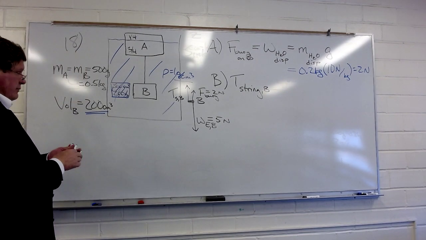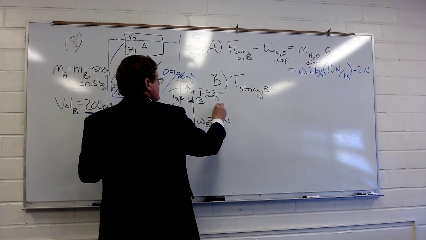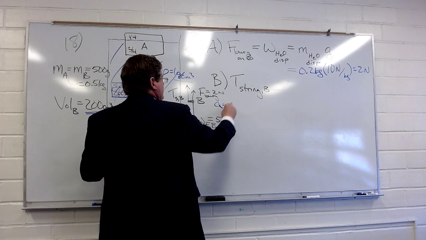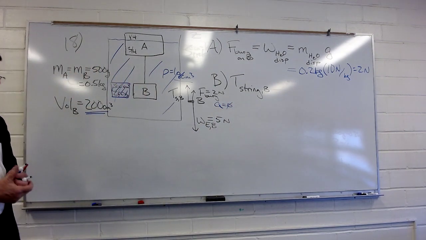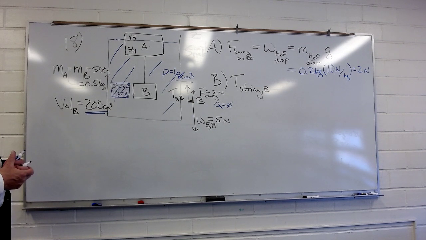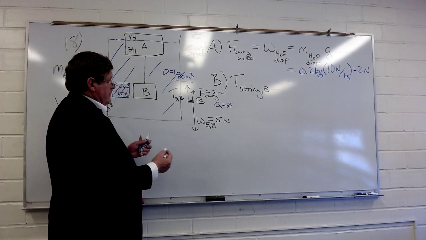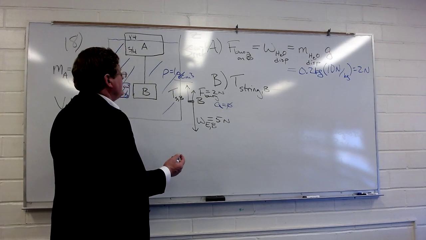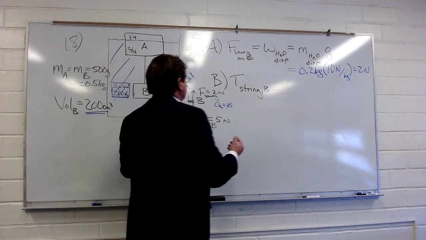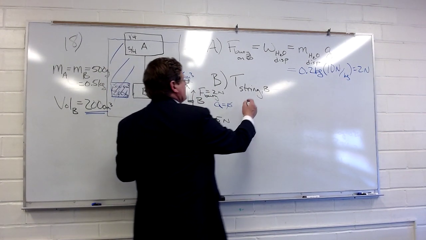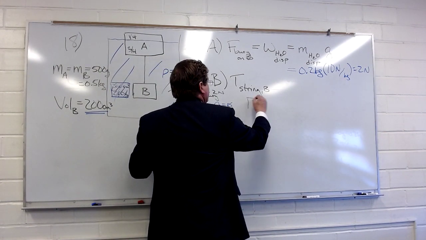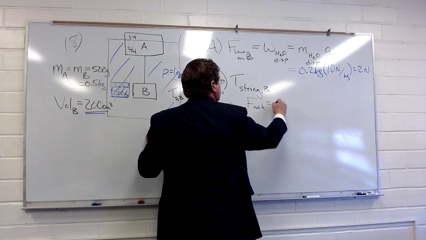And I also know that B is just sitting there. It's suspended by the string. And so if this diagram is going to scream 0, that means that, well, let me do it formally here. Let's say F net is equal to MA.